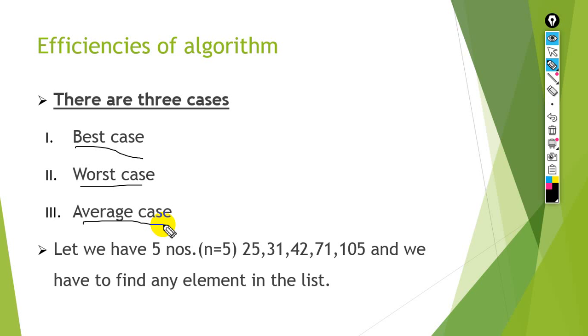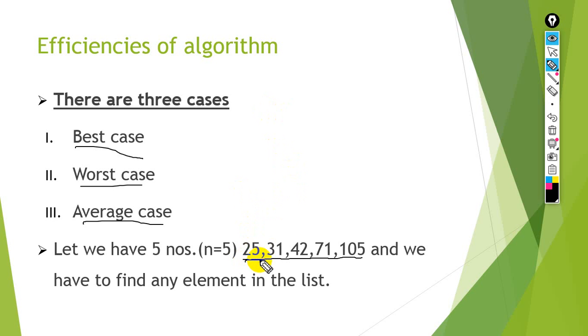For example, I'm taking an array list which has 5 elements: 25, 31, 42, 71, 105. If we want to find an element in this array, we create an algorithm for searching. Suppose we search for 25.